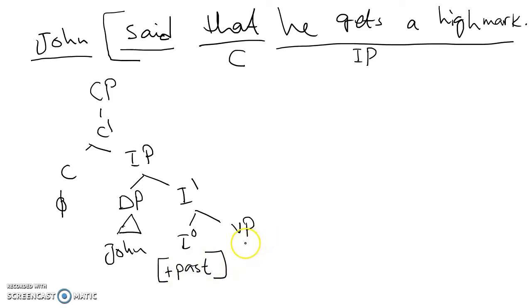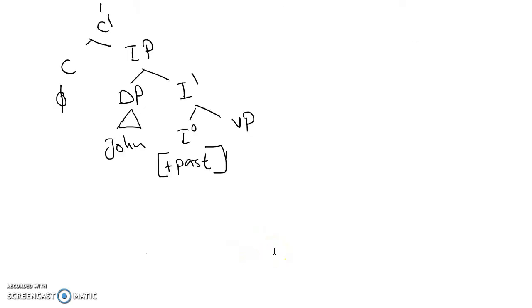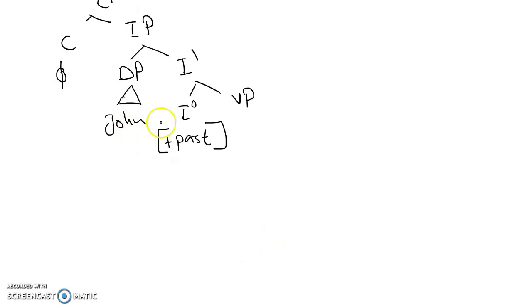Let's go ahead now to see what we have in the VP. In the VP, I have a V bar. Then this V bar consists of a V and a CP.